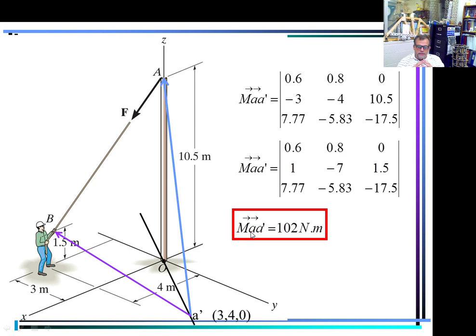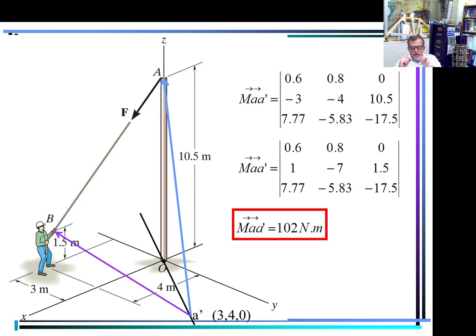Important thing, you can do it in two parts or one part. If you're doing it by parts, first you have to calculate the moment of the force with respect to any point that passes through the axis that you are interested in, and second, dot multiply the unit vector of the axis with that moment that you calculated. That's the two-stage calculation.